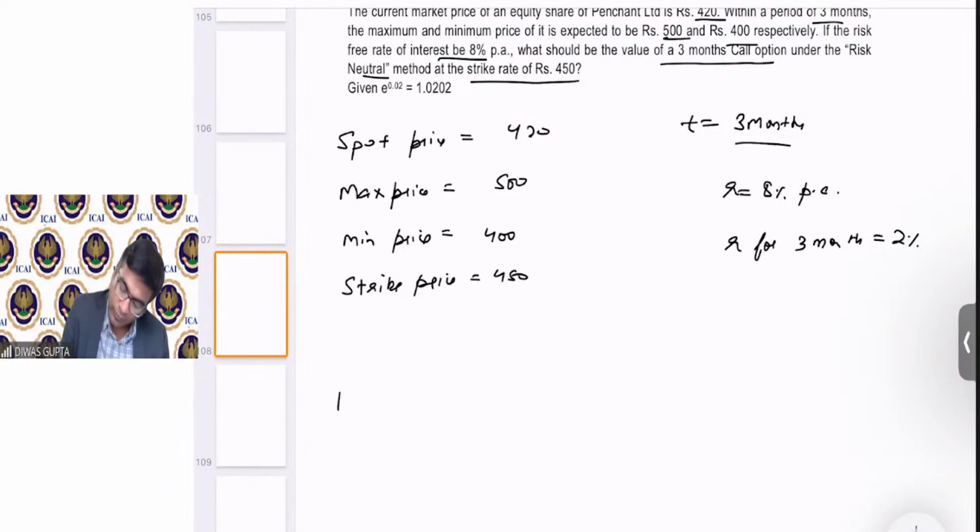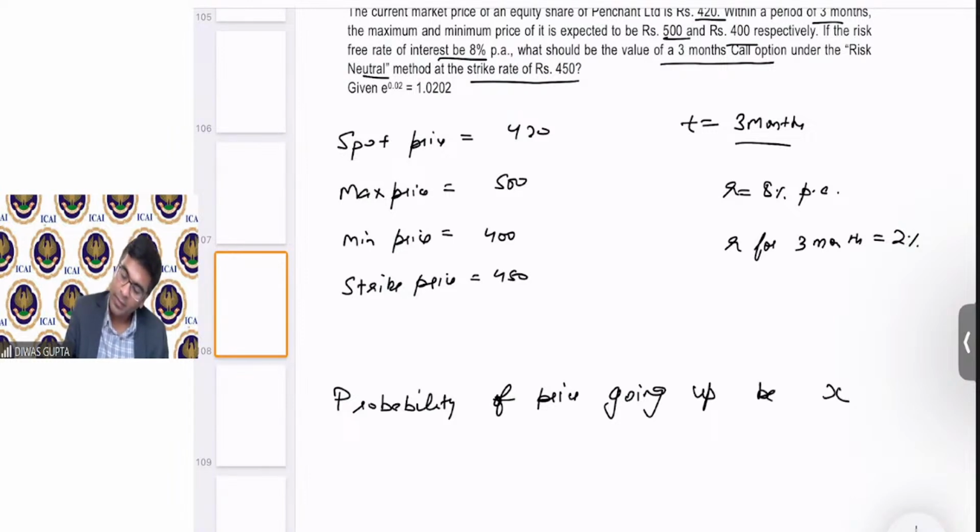So the probability of the price going up be X, the probability of the price going down be 1 minus X.